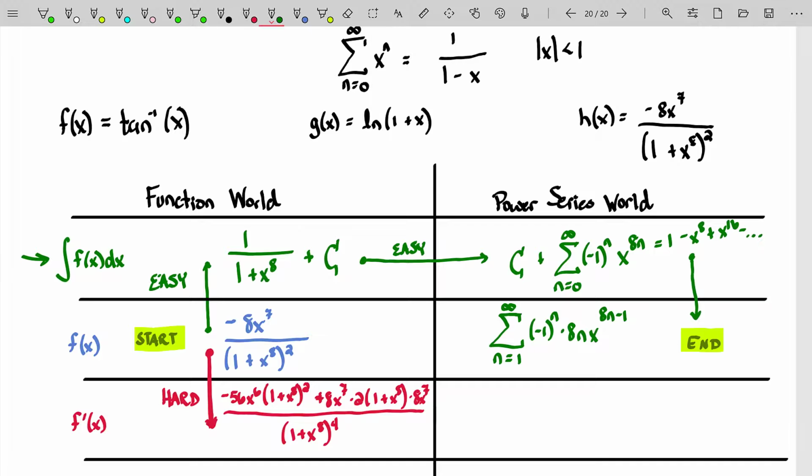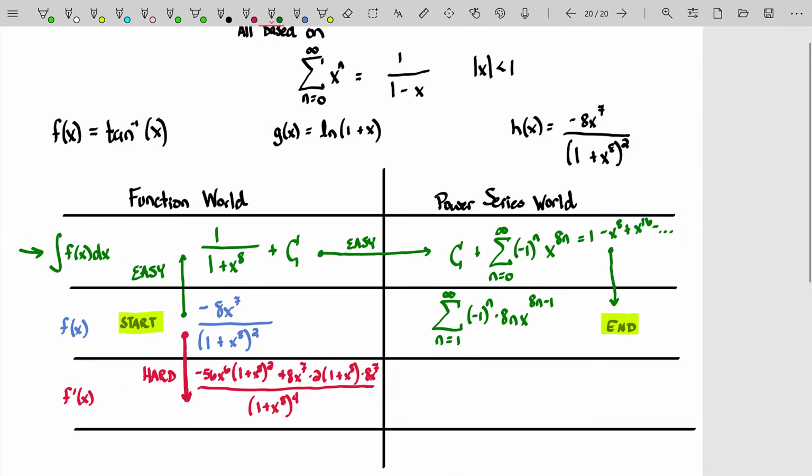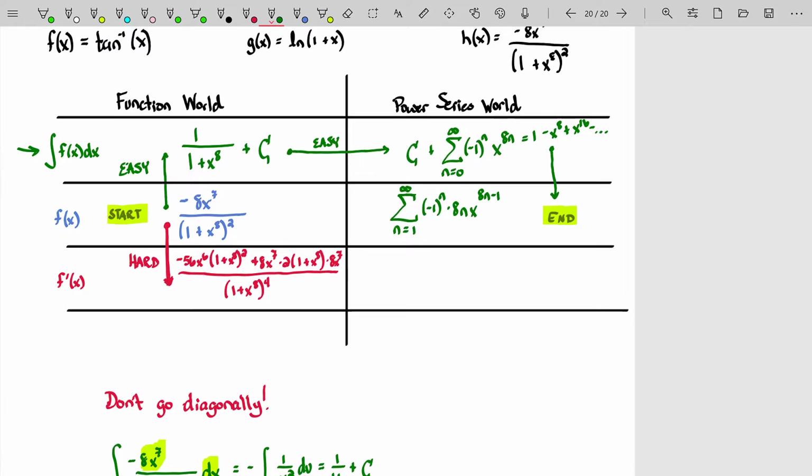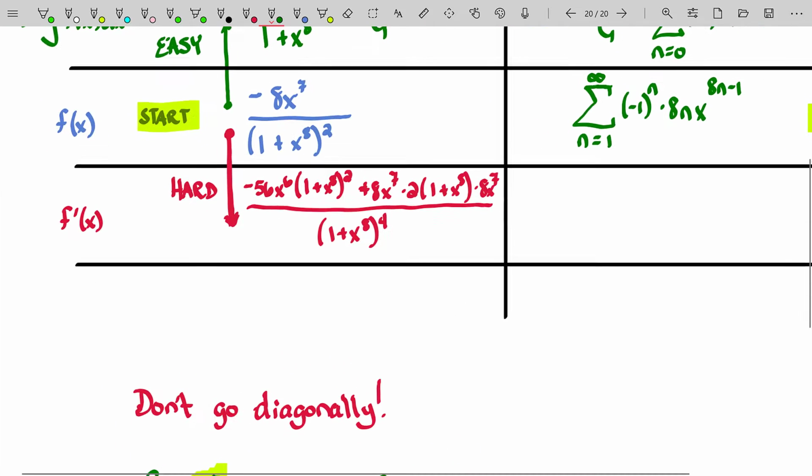Very, very nice. And this is how I envision all of the representations of functions as power series problems working, is that it's a little puzzle and you have a starting point and an ending point, and you just have to figure out what the right path is. A little heads up, you might have to go down 2 rungs, for example.